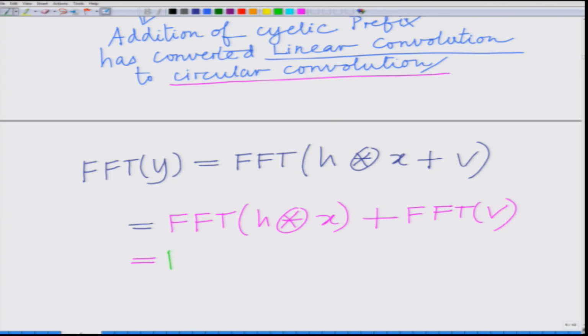The FFT of a circular convolution is the product of the FFTs. So, this is basically your FFT, or H, times the FFT of x, plus the FFT of v, and this is very important.